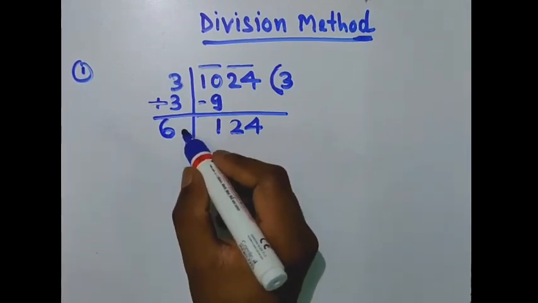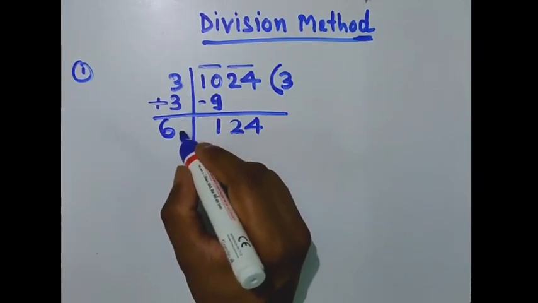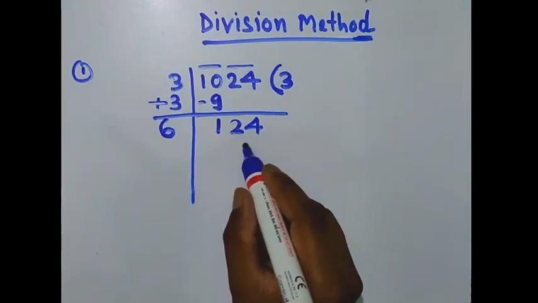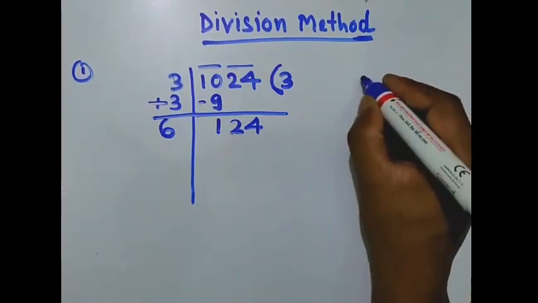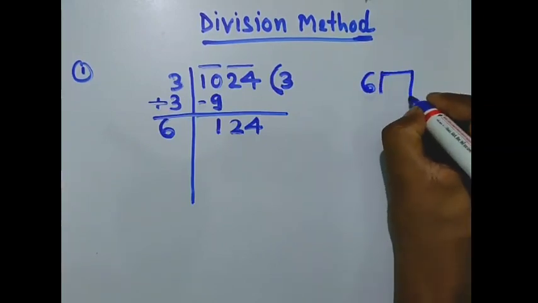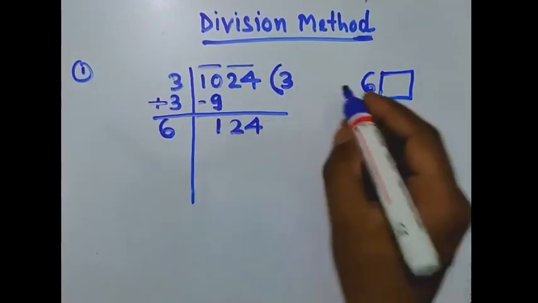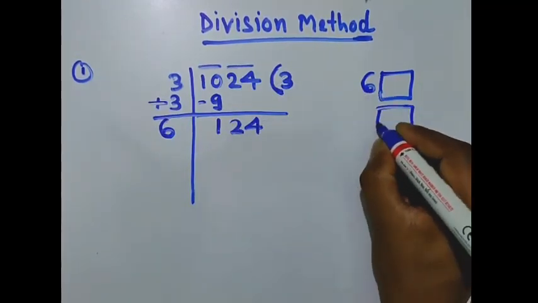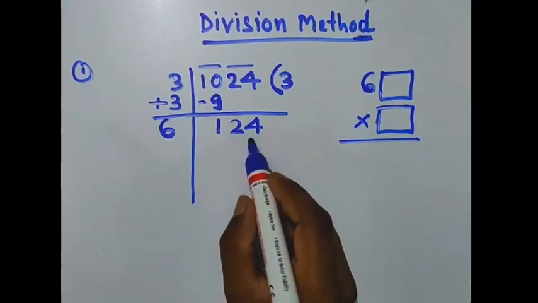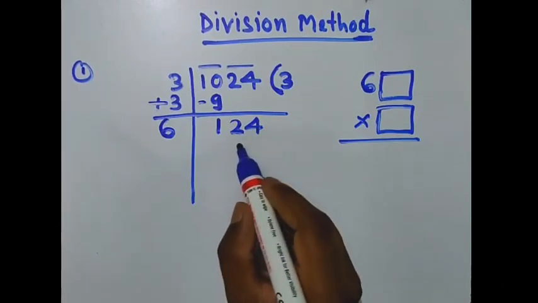Now think of a number that you will place here in the ones place, and you will multiply the same number on top, to get 124, or a number close to 124, but not more than this.